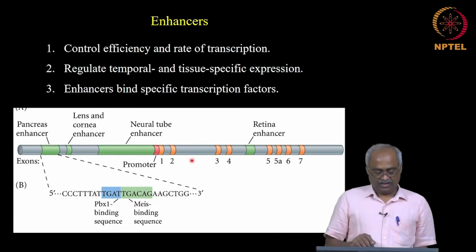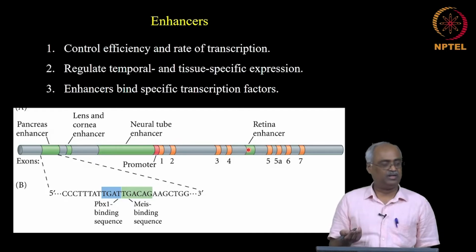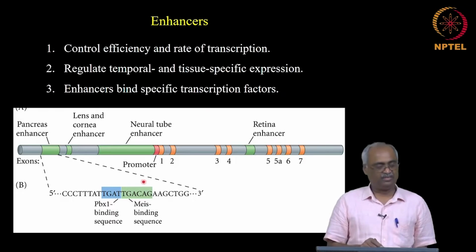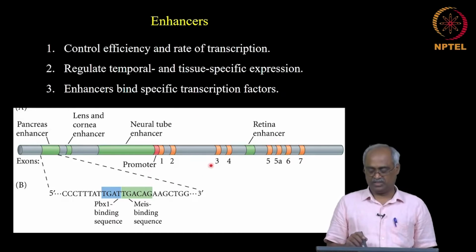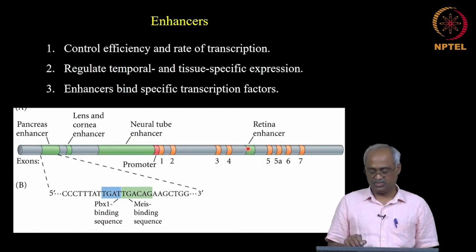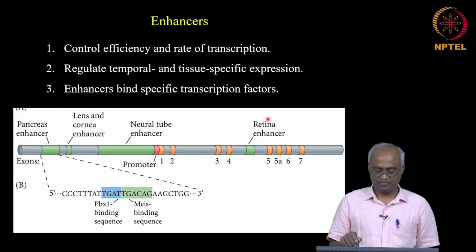So, these enhancers, as I told you, they control efficiency and rate, and sometimes very strict temporal and spatial regulation. And here we see such spatial regulation information. For example, this enhancer between exon 4 and 5 confers expression of this gene, that is PAX6, in retina. Okay.